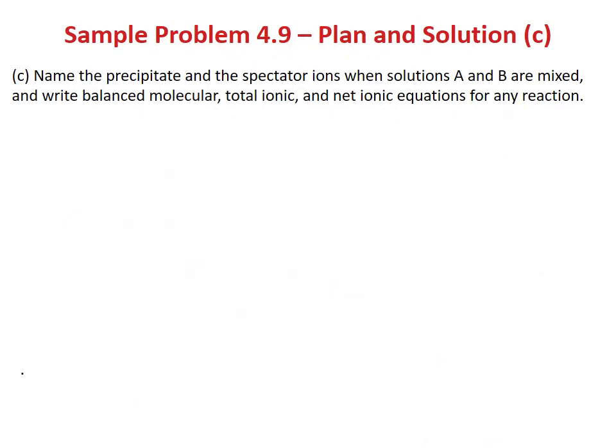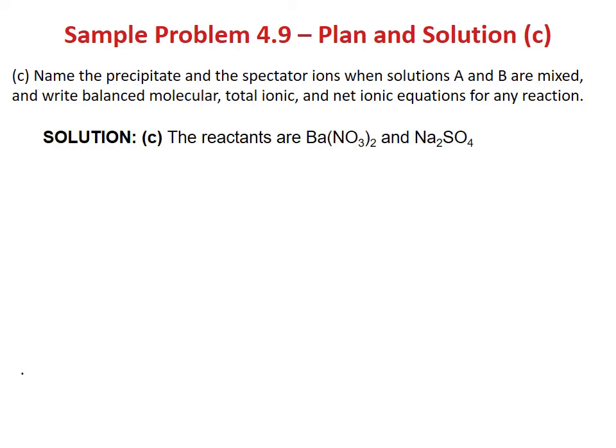Question C. Name the precipitate and the spectator ions when solutions A and B are mixed, and write balanced molecular, total ionic, and net ionic equations for any reaction. So first, from A and B, we already identified the solutions are barium nitrate and sodium sulfate solutions.